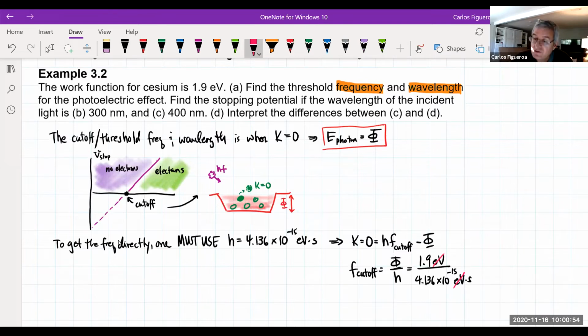So I now have units of 1/s. But if it's 1/s, that tells you that this guy has to be 4.59 times 10 to the 14 hertz.